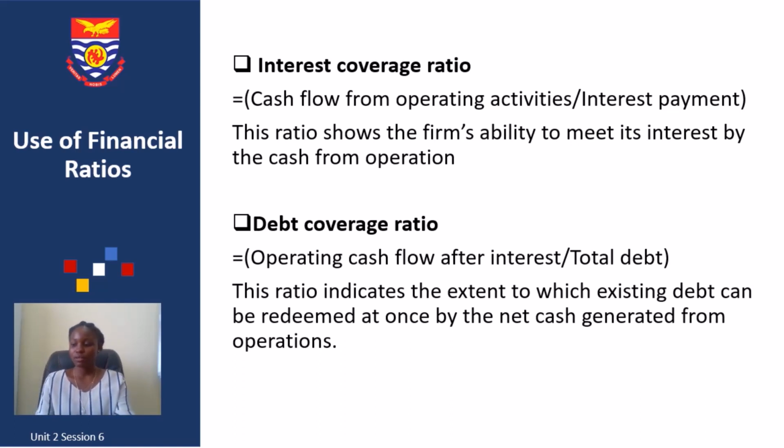So this particular ratio, the debt coverage ratio, is used to determine the solvency of the firm. If the firm is very solvent, that means it is able to generate enough cash from its operating activities in order to settle its debts in the long term. And a higher debt coverage ratio is very desirable because you would want to make sure that your operations are able to cover the debts that the company has in the long term.